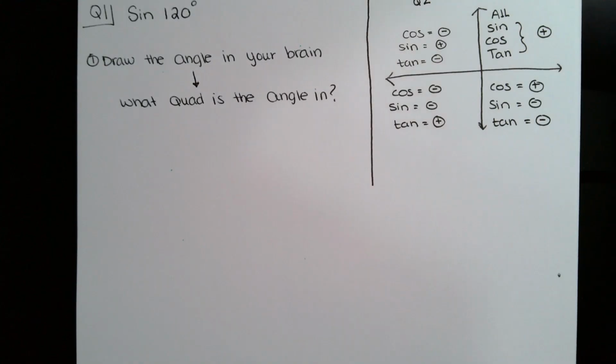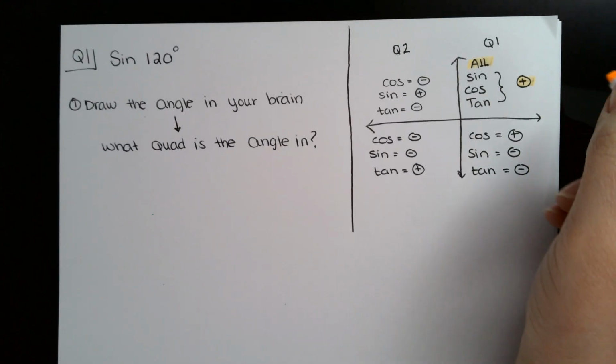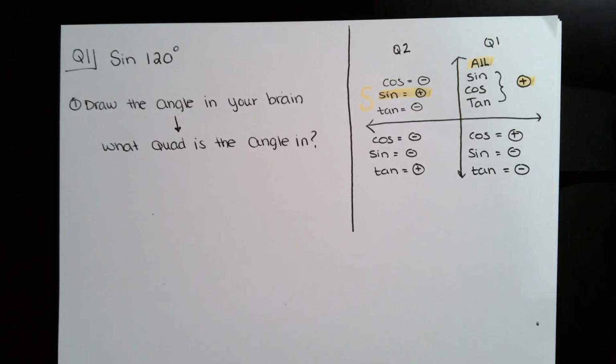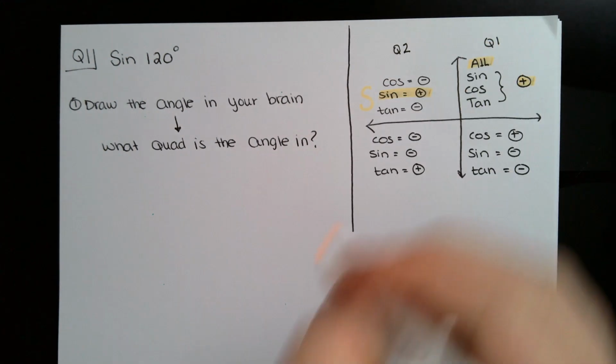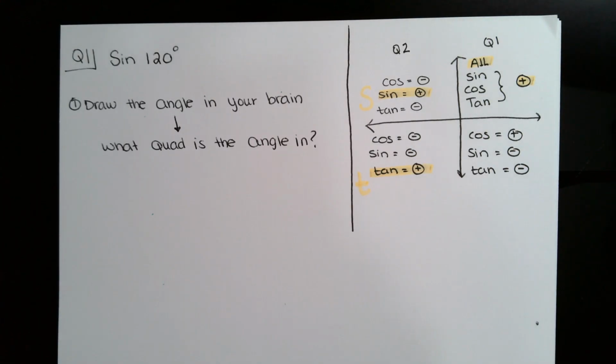And there's a little trick to memorizing what is positive in each one, and that's called all students take calculus. So all are positive in quadrant 1. Students, sine, is positive in quadrant 2. Take, tangent, is positive in quadrant 3.